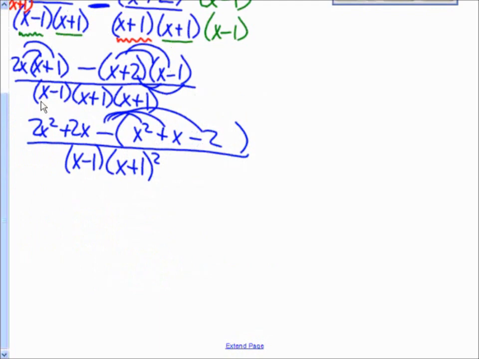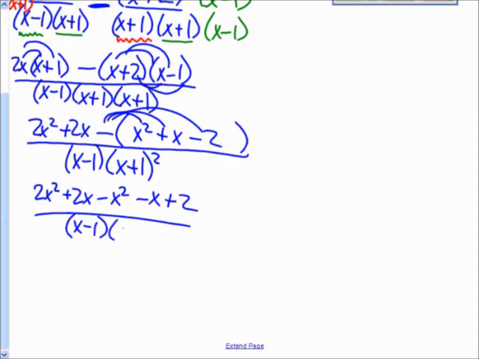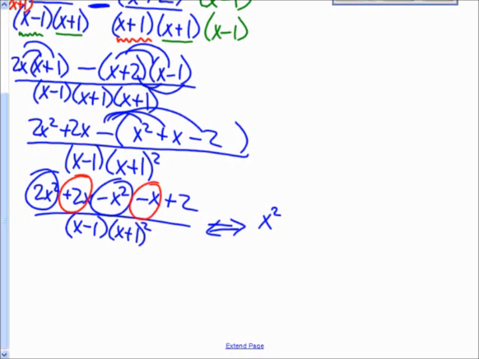So I got 2x squared plus 2x minus x squared minus x plus 2 over that common denominator. 2x squared minus x squared, that's a positive 1x squared. It's like I got a 2x minus x, so that's a plus x, plus 1x.